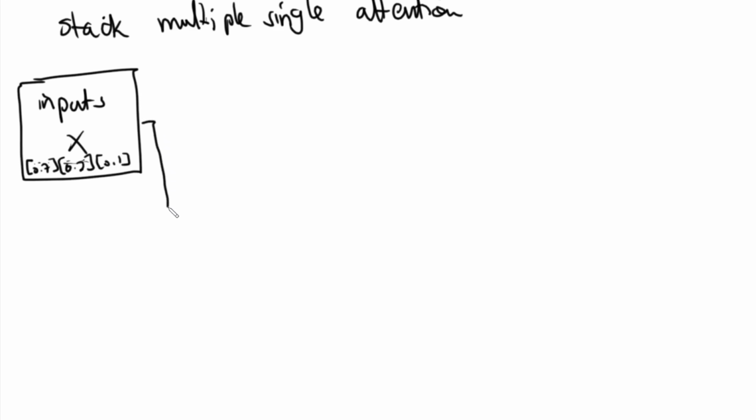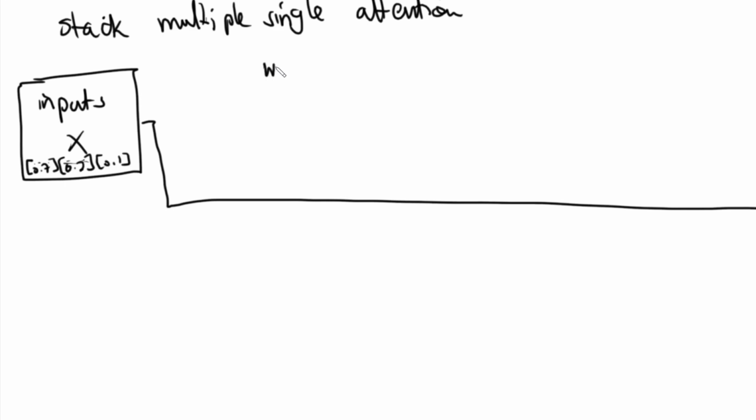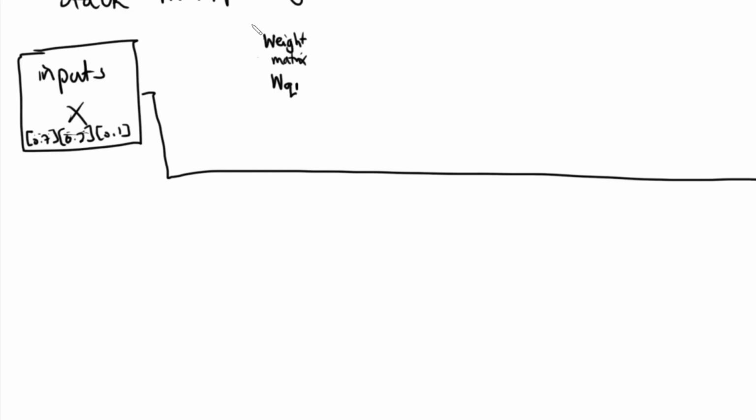So we will take this, and then we are going to have a weight matrix here that is going to be initialized, and this is going to be our WQ. But because we are copying the weight matrices and everything, this will be the first WQ. We'll have a first WQ, and behind that, we are going to have another weight matrix, the second weight matrix.